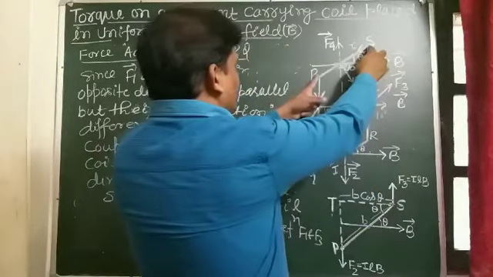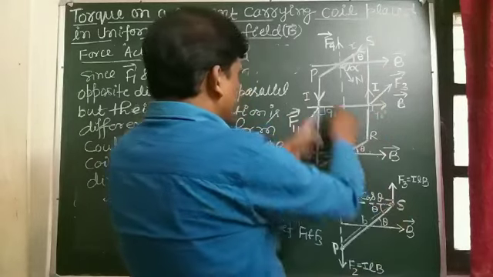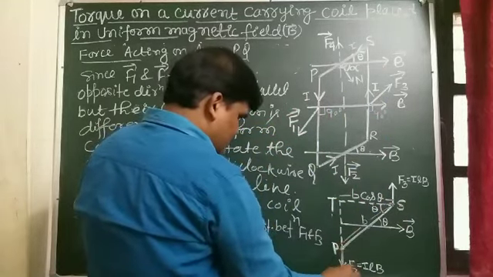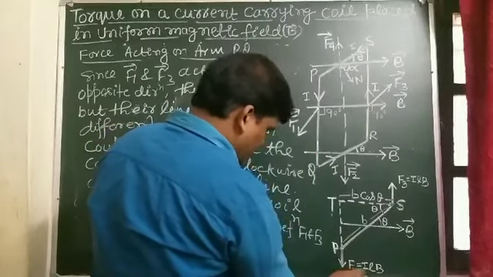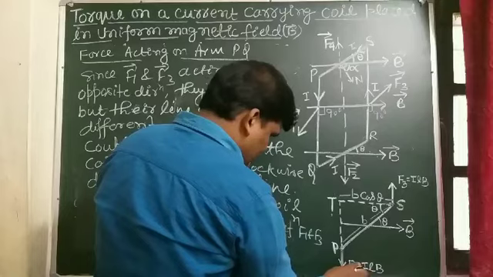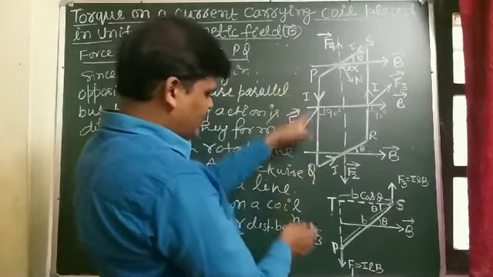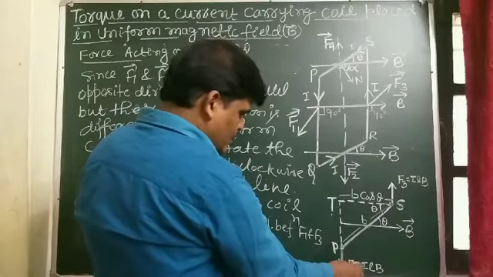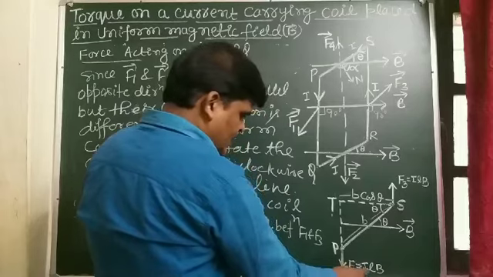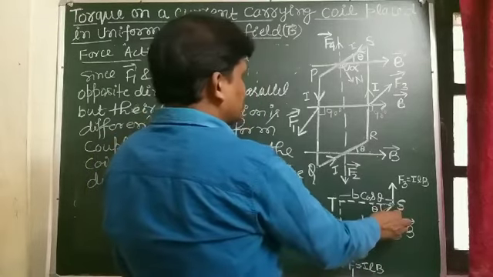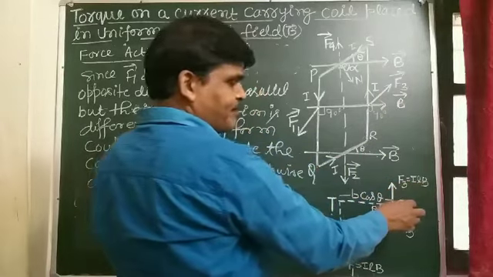So we draw another diagram, SP, and here force F1 and F3. Force acting at point P is acting towards reader, which is shown by ILB, and here force F3, which is ILB.